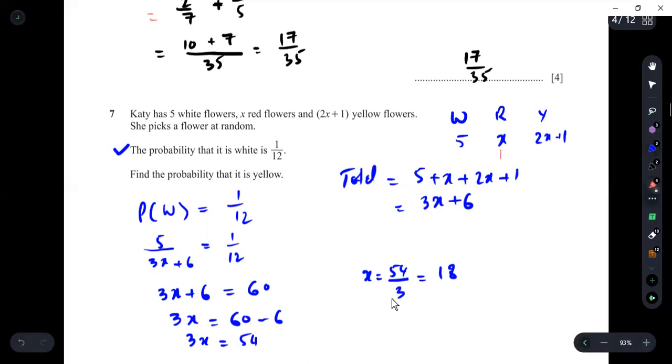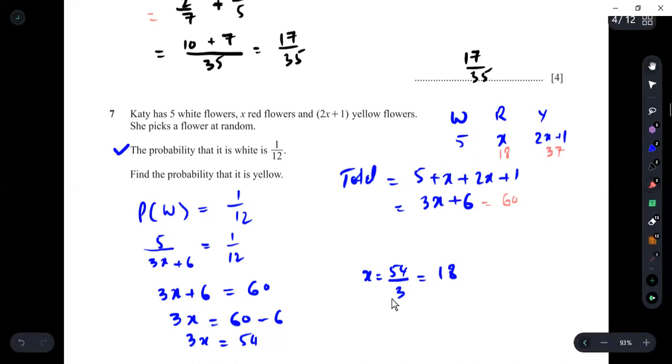So now we know each number exactly. It means there are 18 red flowers and 18 times 2, 36 plus 1, 37 yellow flowers. So altogether we have 18 times 3, 54 plus 6, 60. So we have 60 flowers altogether and 37 are yellow.